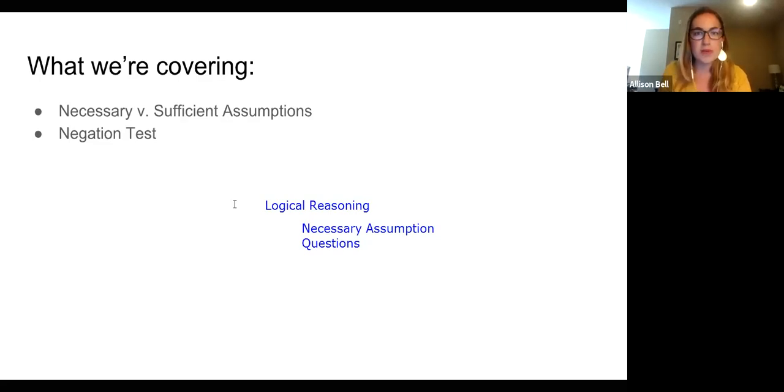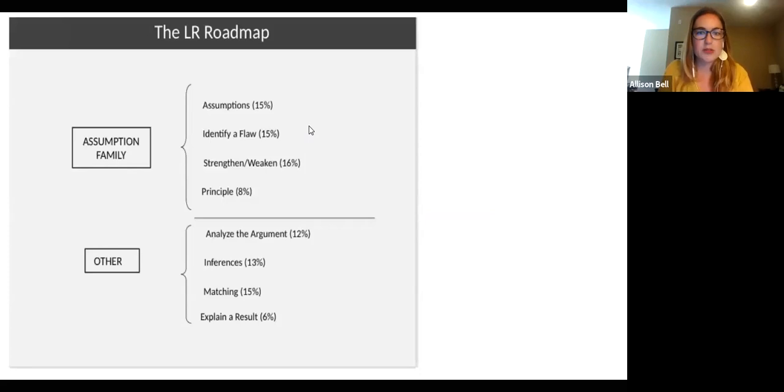We're going to start by introducing the concept of a necessary assumption and use some simple drills to really help us understand, but then we'll be doing a few actual LSAT questions that feature the concept of necessary assumptions.